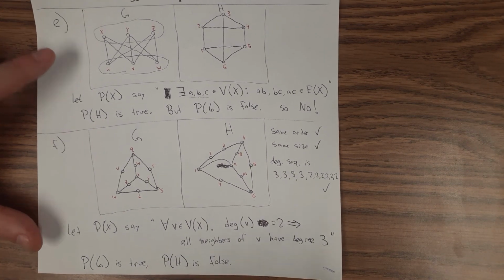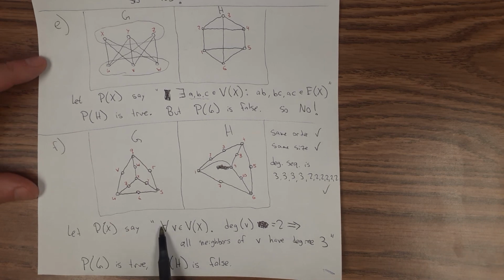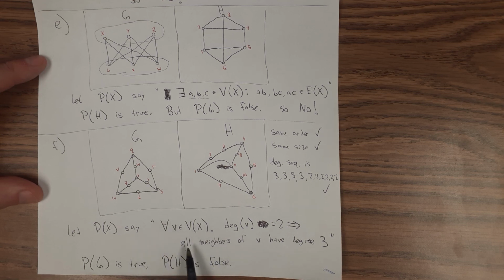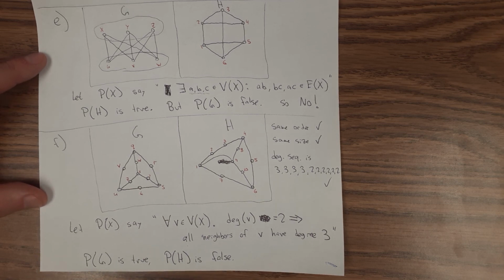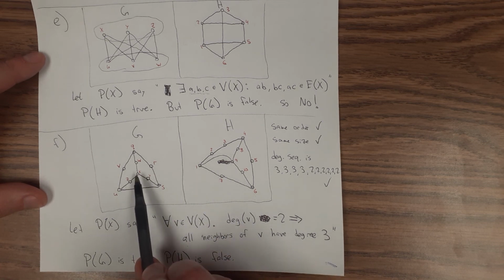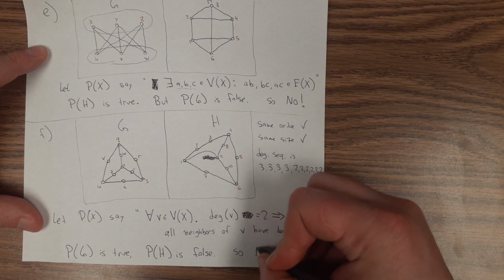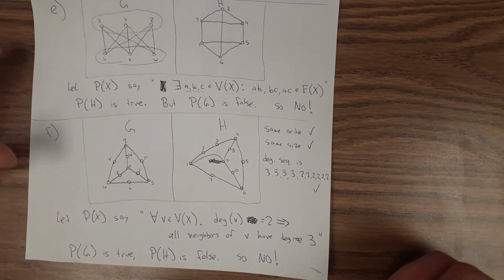But this is a statement that only involves quantified variables, like V is quantified, and technically in this wording I'm talking about a neighbor of V, but when I say all, that's like saying for all, and that's a quantifier. So V is quantified and the neighbors of V are quantified. So this is a property that should be preserved by isomorphism. And so if this property has different answers for G and H, if one of them's true and one of them's false, then they can't be isomorphic. So no, G and H are not isomorphic.